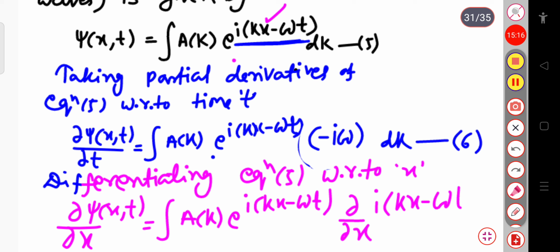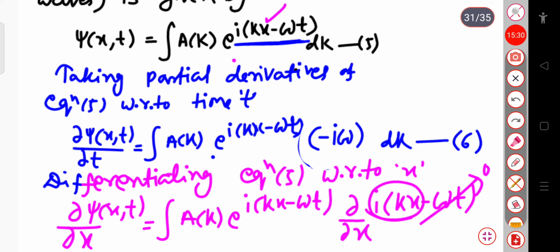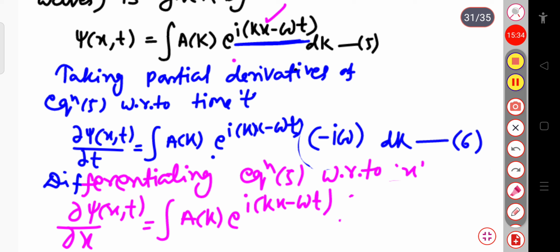But since the ωt term is constant, that will be 0. Simply you have to take the derivative of ikx, which will be simply i times k. So ik will remain here, into dk. This is, suppose, equation number 7.